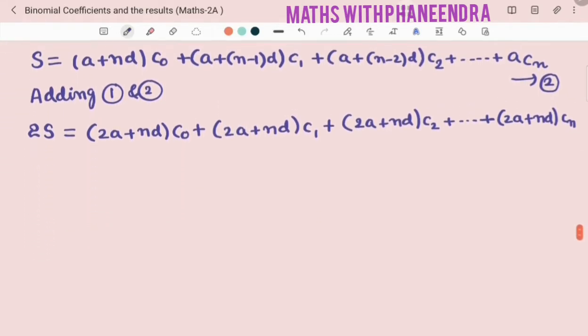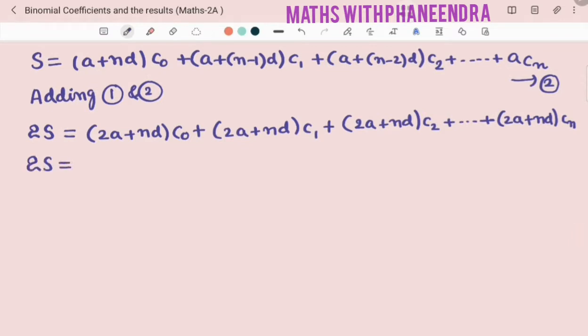So now if you observe, 2S is equal to (2a plus nd); take out common from the RHS (2a plus nd), the rest of the terms are C0 plus C1 plus C2 plus and so on Cn.